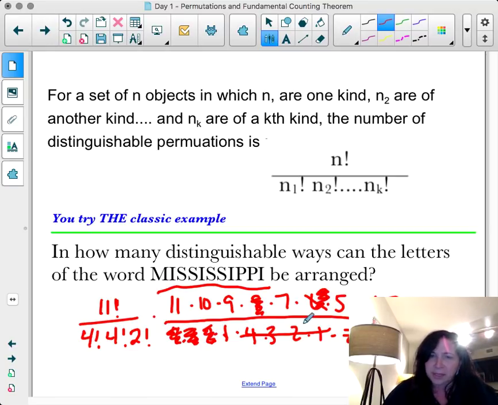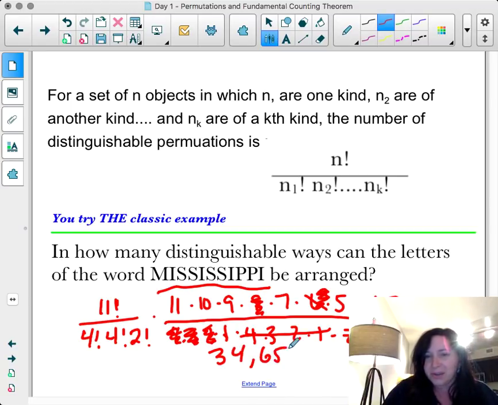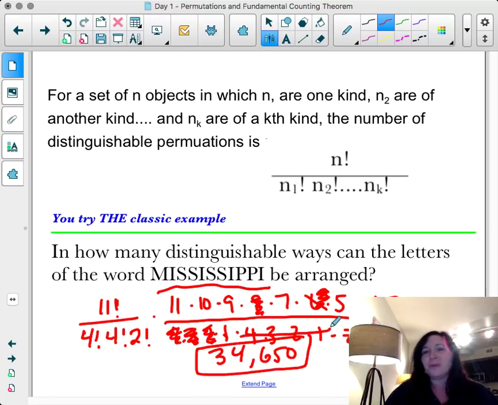So ultimately, I've got 11 times 90 times 7 times 5, which is 35. And so how many different ways can I write the letters from the word Mississippi? I can write it 34,650 ways. Excuse me, that's pretty cool.